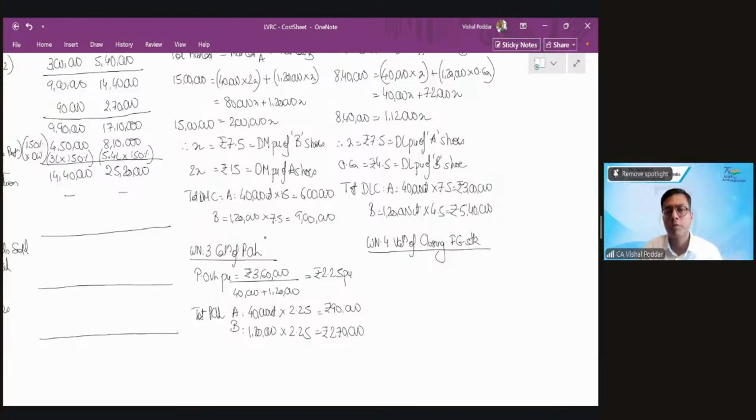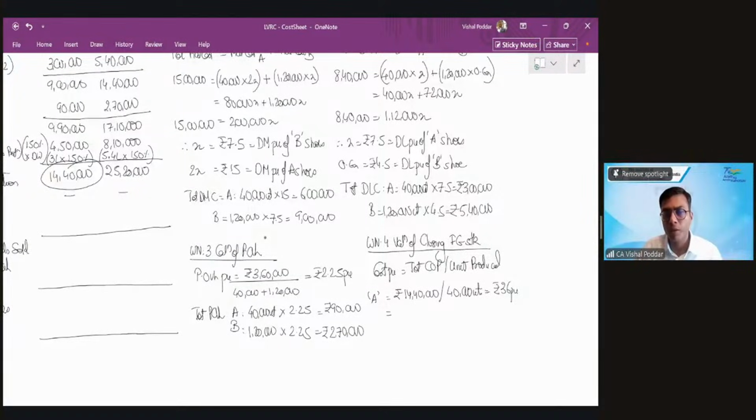now we first find out cost per unit, which is total cost of production upon units produced. Now for A, what is total cost of production? 1440. How much is units produced of A? 40,000. So I get cost per unit. How much it comes to students? So 1440 divided by 40, it gives me 36 per unit.